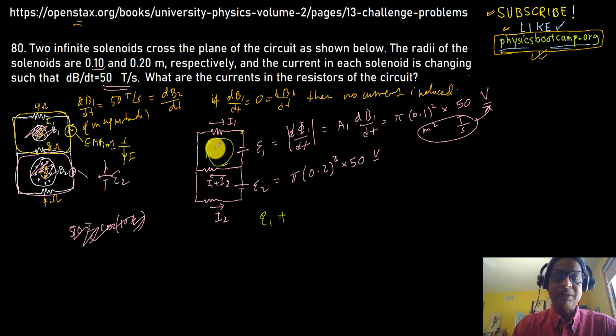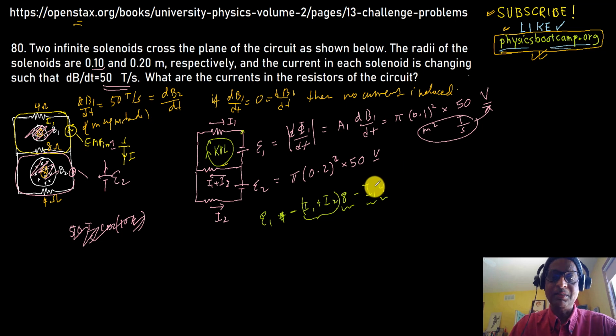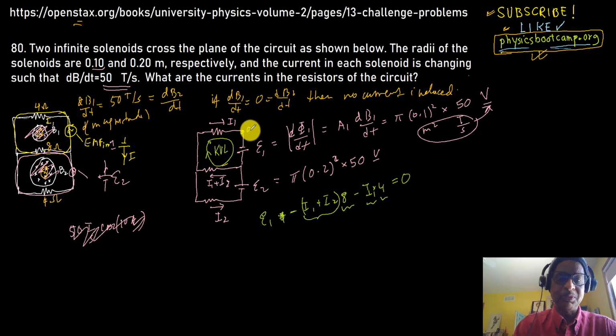This is like a Kirchhoff voltage loop, you know. And go over. This is going to be minus I1 plus I2 times 8, and then I go through here, minus I1 times 4. So this is IR, this is the current, and this is the resistance, equal to 0. I came back to the same place. I start from A and come back to the same place, and I do the same thing for this guy.